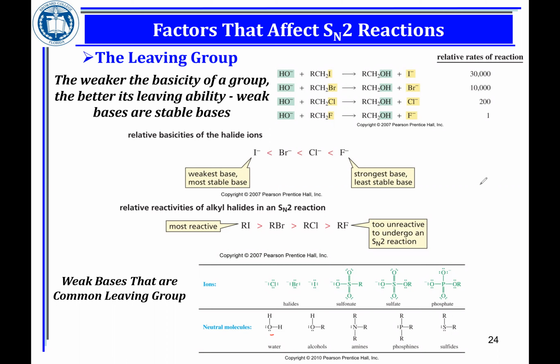You see, you don't have OH as part of those. That's not a good leaving group. You don't have an H+, and you don't have CH3 or an alkyl group as part of the leaving group. These are not leaving groups. This is a leaving group, but not a good leaving group, and these are not leaving groups at all. But you do have some examples of leaving groups here.